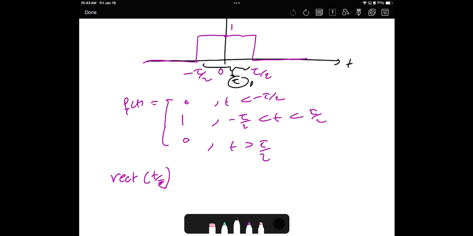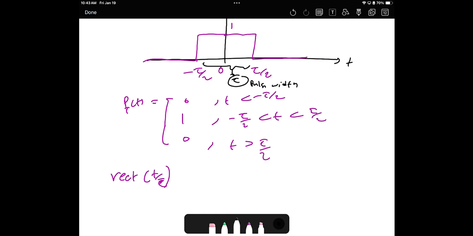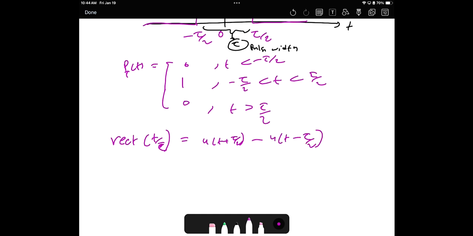It's not exactly the period, but the overall width, the pulse width. Okay? And if we want to write this with the step function, it will look like this. Rect of t will be u of t plus tau over 2 minus u of t minus tau over 2. This is also the rect function.